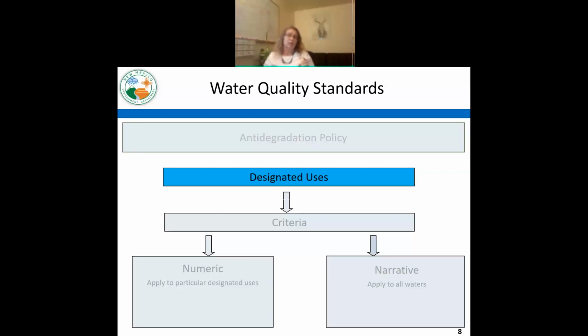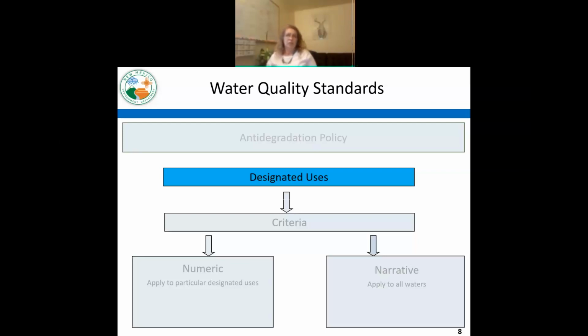Now, since according to 40 CFR 131.10(i), a designated use is not permitted to be less stringent than an existing use, the existing use analysis is actually much simpler, and it's conducted if there is water quality data demonstrating a water body is underprotected. And in general, all that's really required is evidence establishing the existing use.